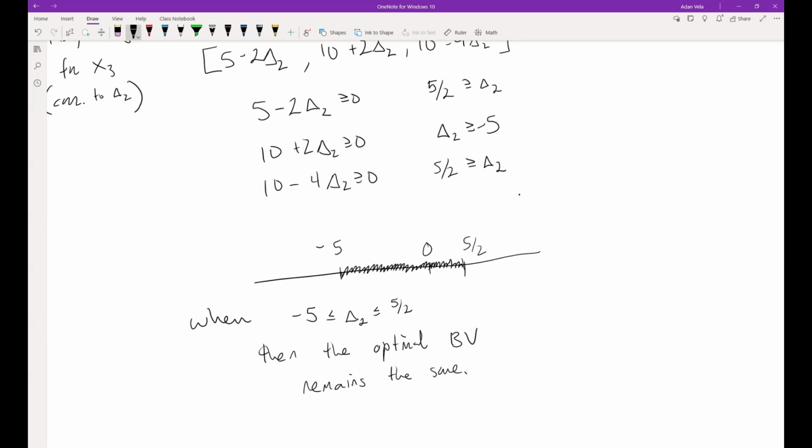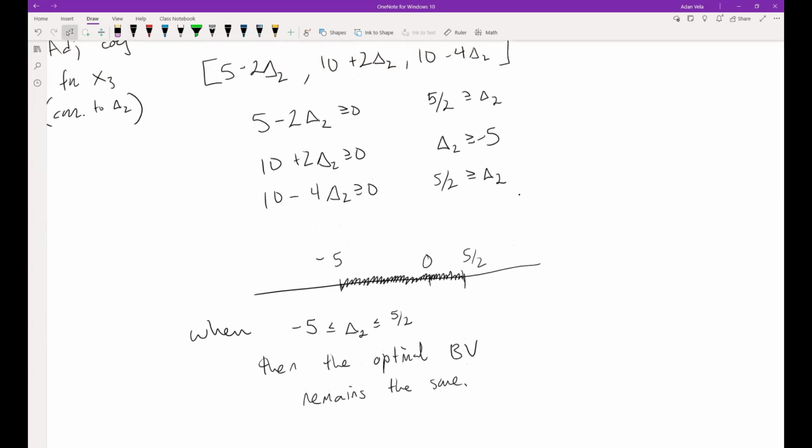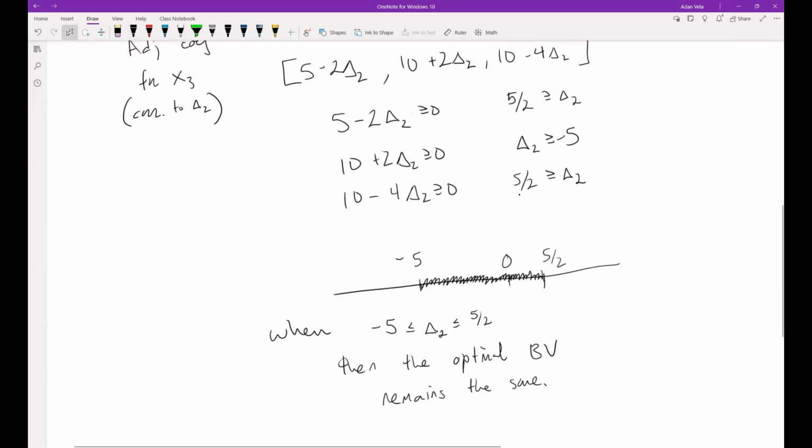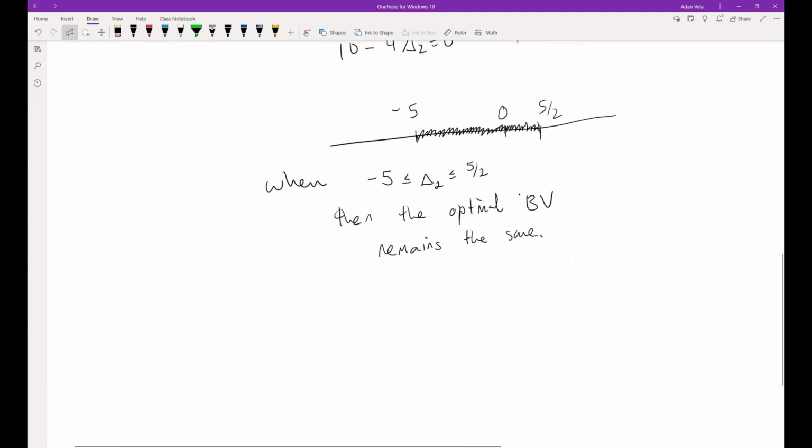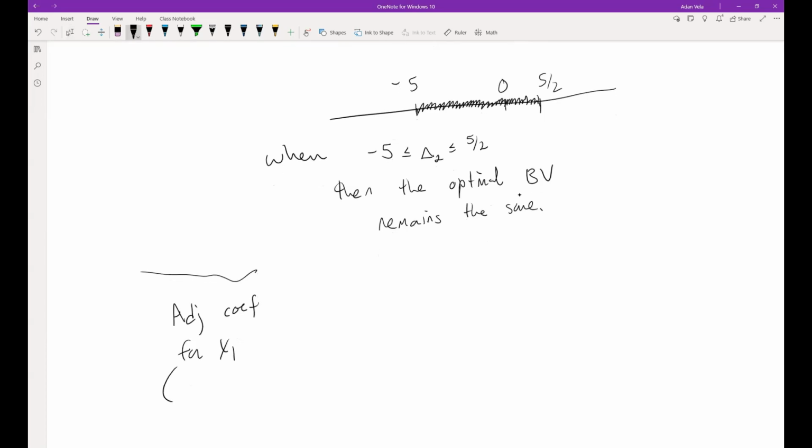Okay. All right. So we could do a similar approach for x1. We can adjust the coefficient for x1, and again this corresponds to delta 3.